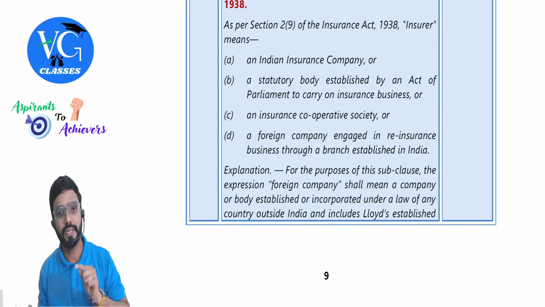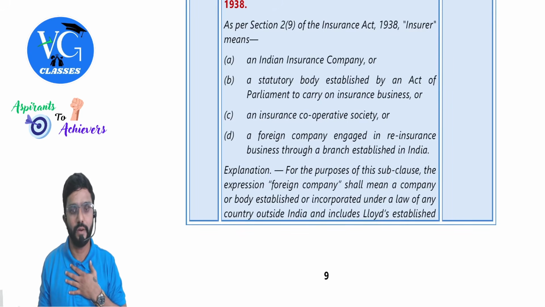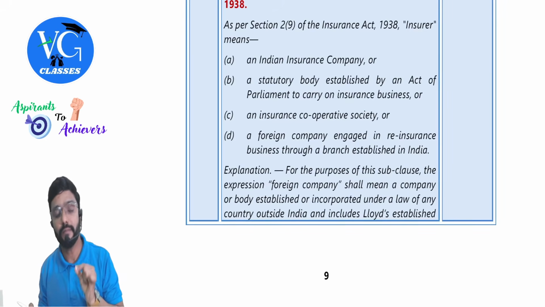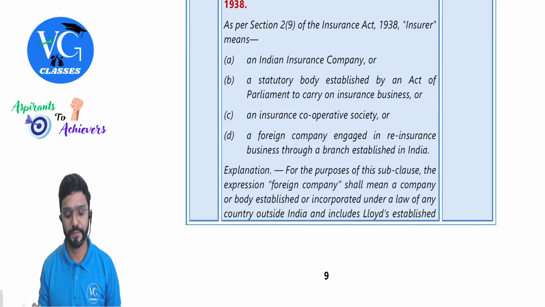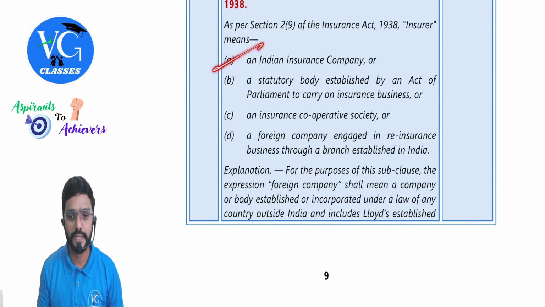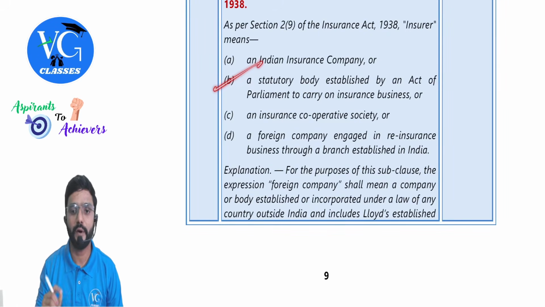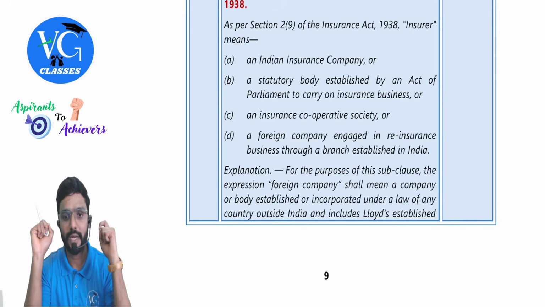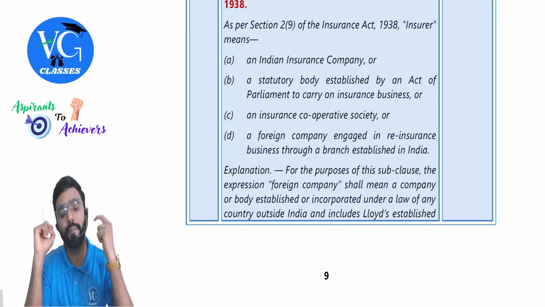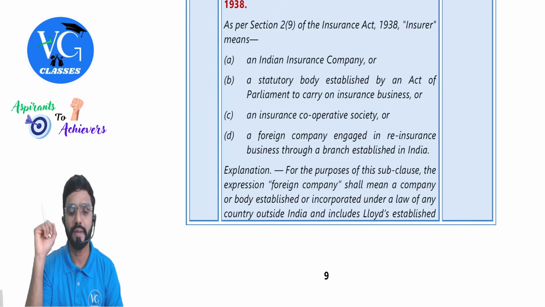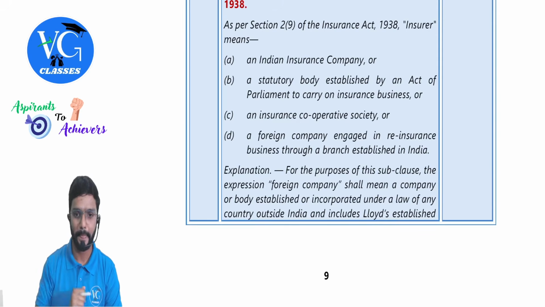Insurer means, not insured. Insured means who has taken the policy, whereas insurer means the person who has issued the policy, that is, insurance companies. An Indian insurance company or a statutory body established by an act of parliament to carry on insurance business, or an insurance cooperative society, or a foreign company engaged in reinsurance business through a branch established in India.